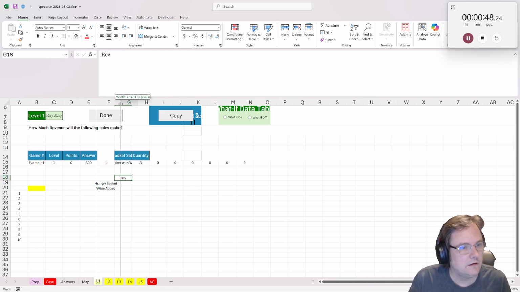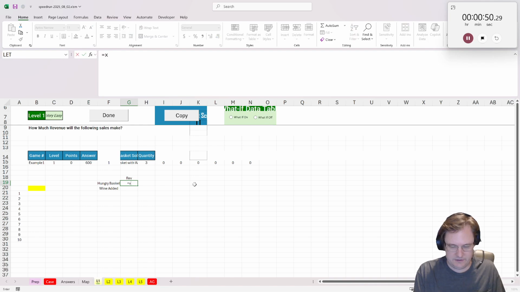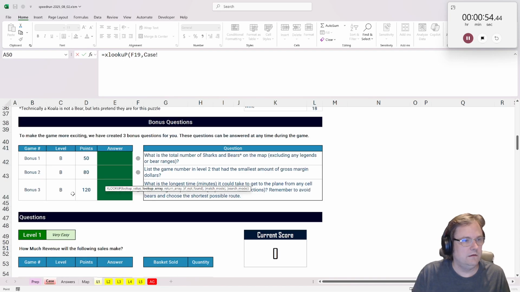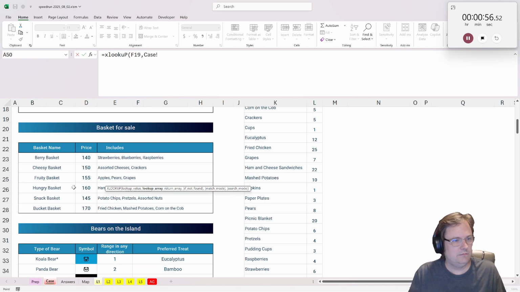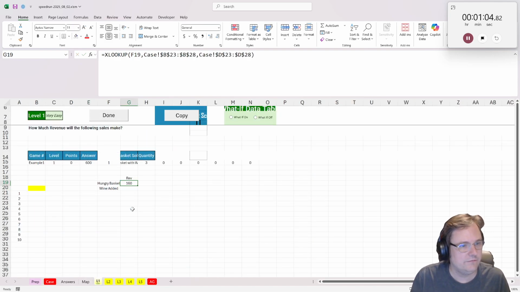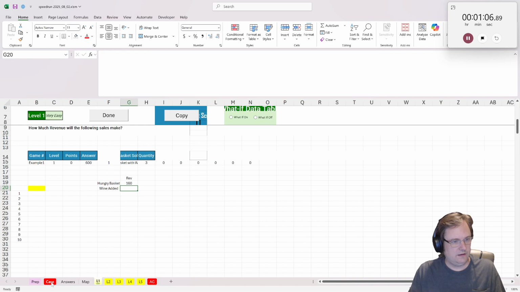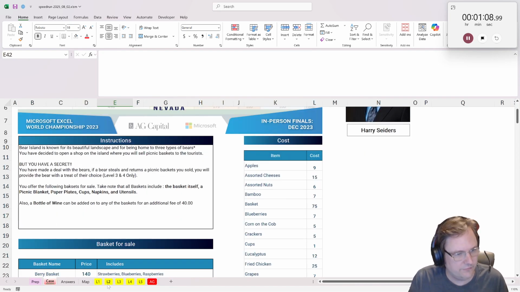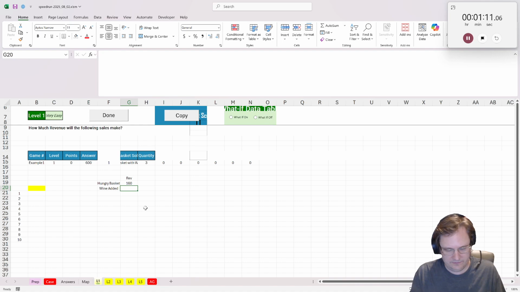So the revenue here is the hungry basket, which I can look up here and return on here. That's the price we're selling it for. And then the wine, it says, is $40 that we sell the wine for.